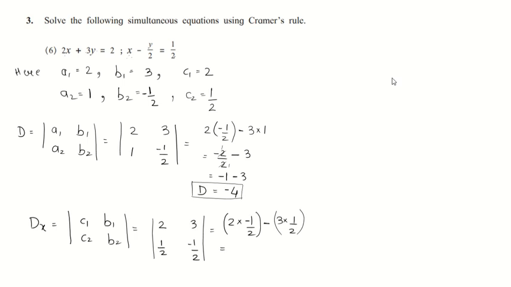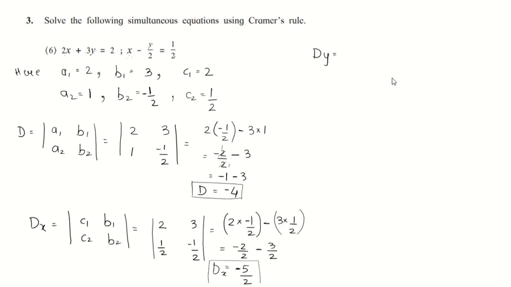Here 2 into minus 1 is minus 2 upon 2, and 3 into 1 is 3 upon 2. Now both denominators are the same, so we will solve it further. Minus 2 minus 3 is minus 5, sign of the bigger number, minus 5 upon 2. Dx is minus 5 upon 2. It is very easy. Just don't get confused and solve it calmly.